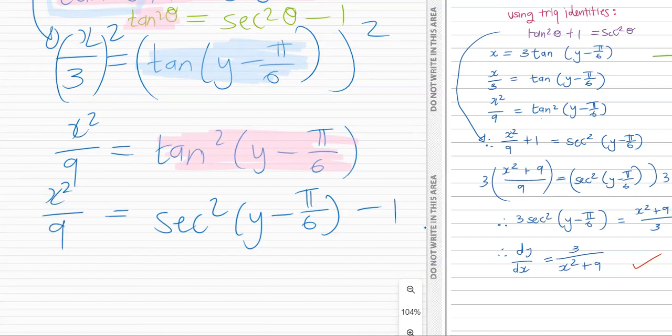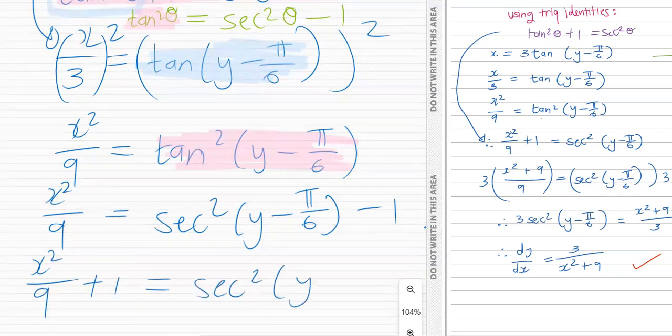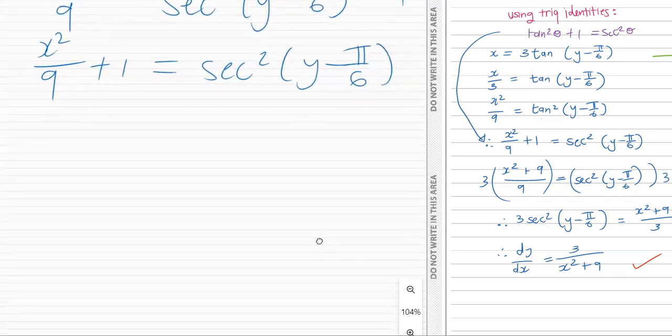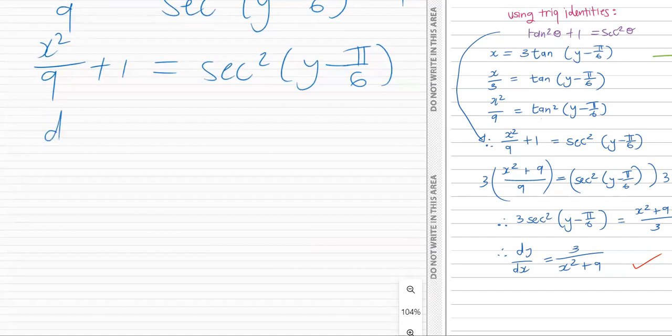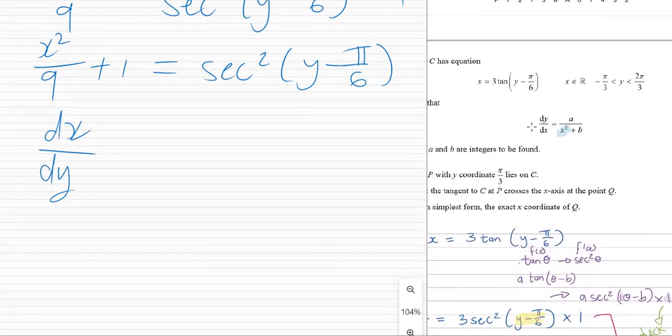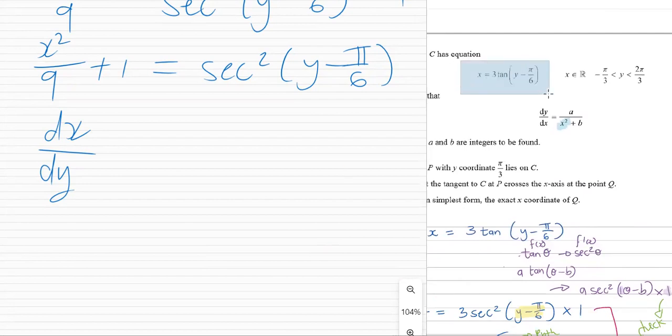And then we can take that minus 1 to the other side, plus 1 on both sides. We're almost there. Remember, we wanted our dx/dy. I just want to write this down because it might not be obvious if you're just jumping into this question. If you use the chain rule to get dx/dy from our x, tan becomes sec squared theta.